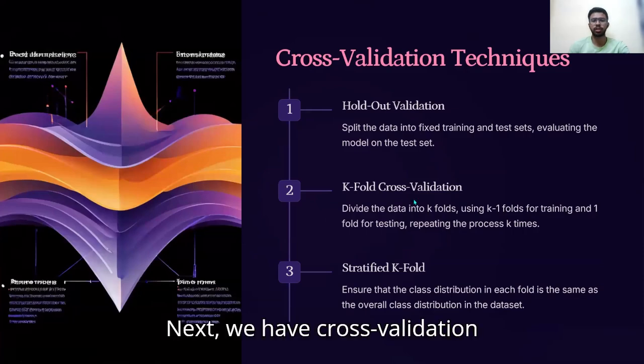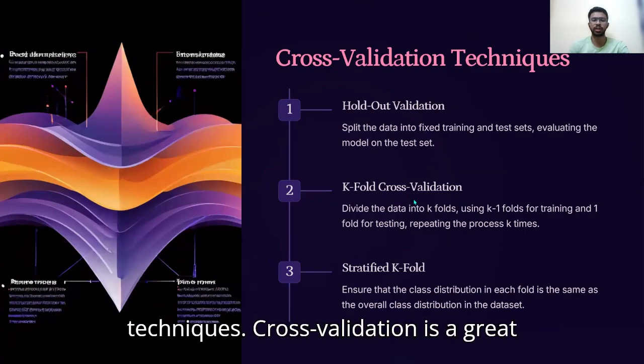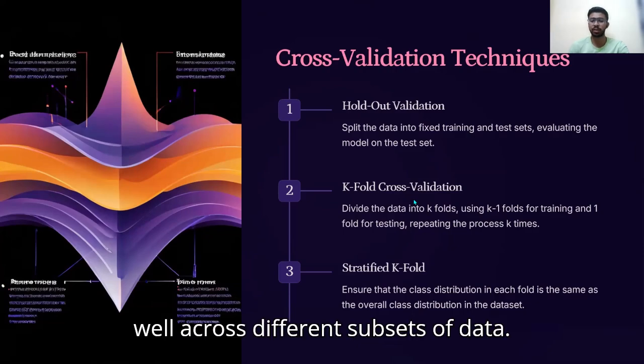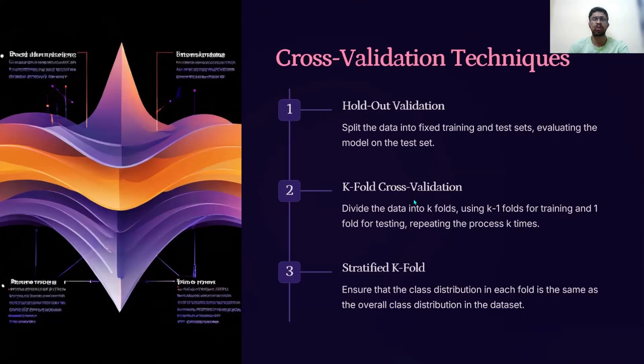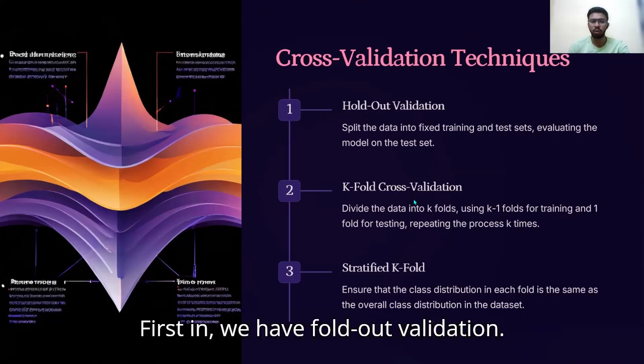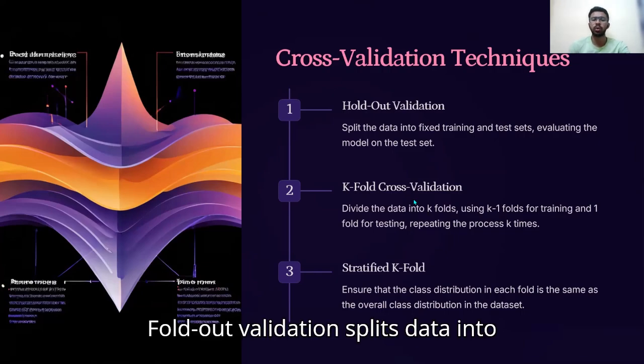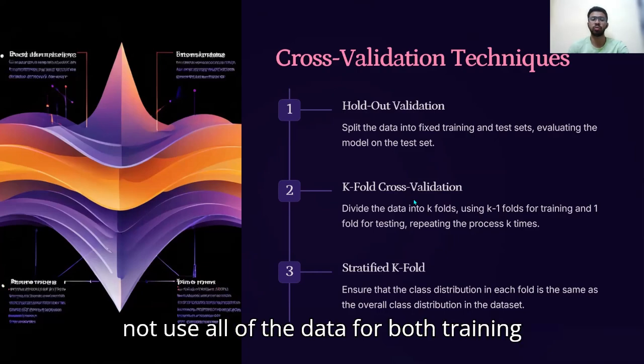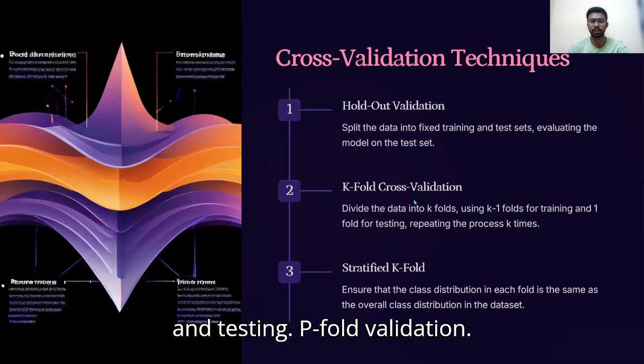Next, we have cross-validation techniques. Cross-validation is a great technique to ensure our model performs well across different subsets of data. First, we have holdout validation. Holdout validation splits data into fixed training and test sets, but it's limited because it does not use all of the data for both training and testing. K-fold validation.